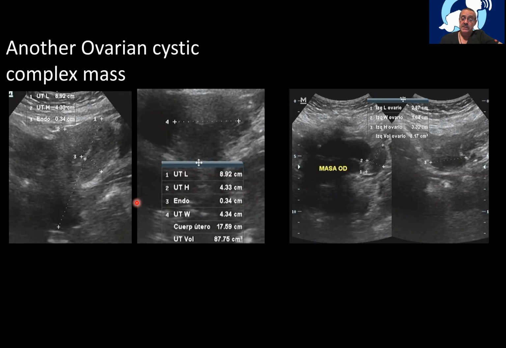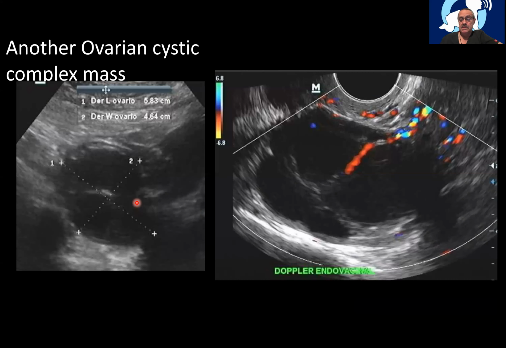And another cystic complex ovarian mass. We are not pathology, but we can mention what it looks like. That's useful for the surgeon or for the physician in charge.